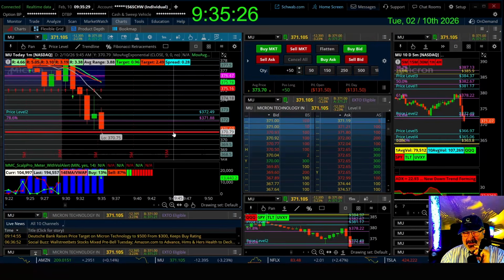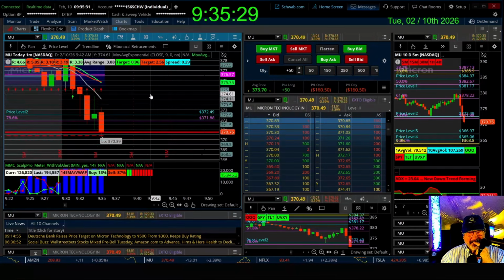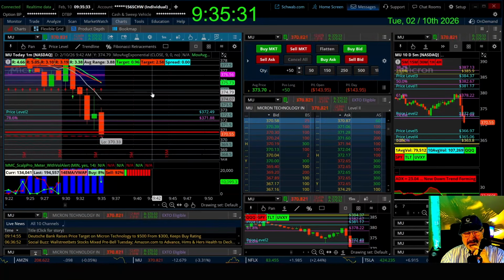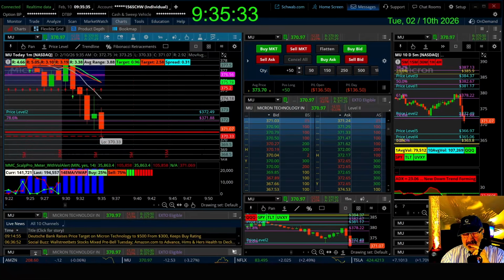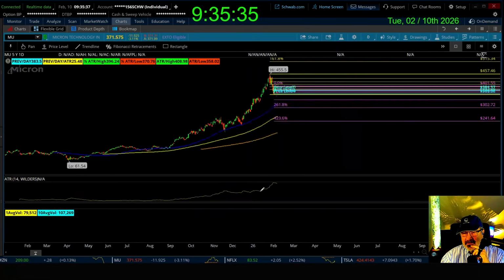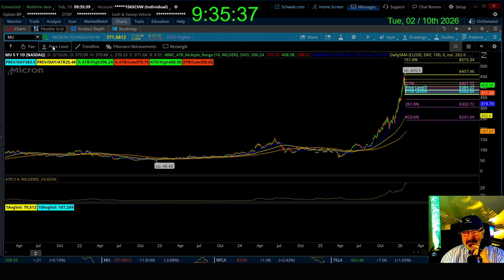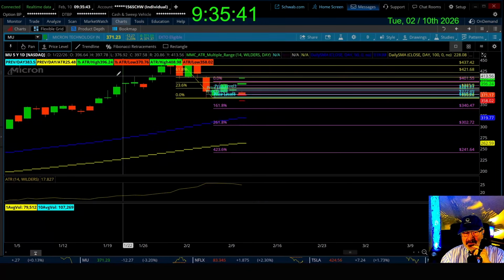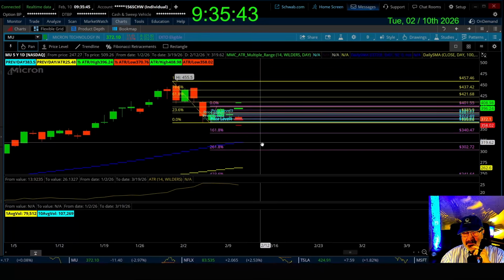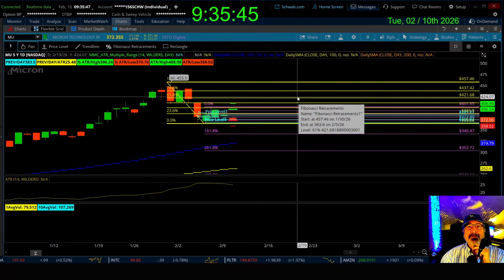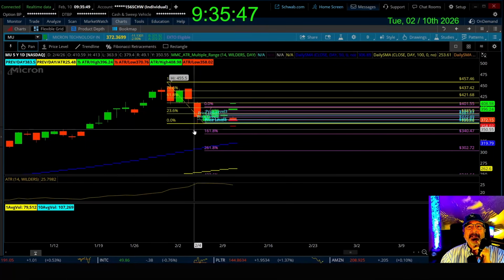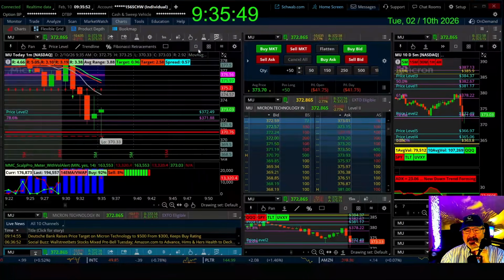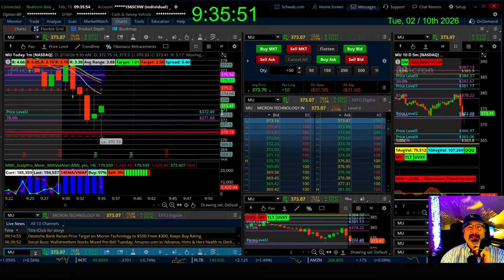What is that? ATR 370. What's the ATR at? Let me get a look here. NVIDIA is basically steady.